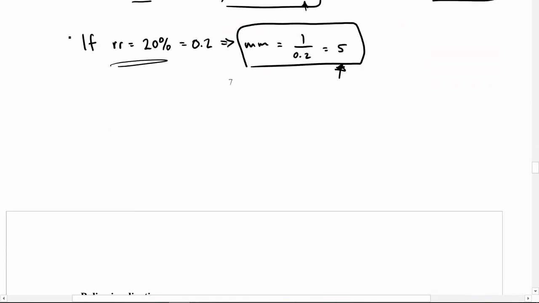Okay, so let's summarize what that means for the policy.